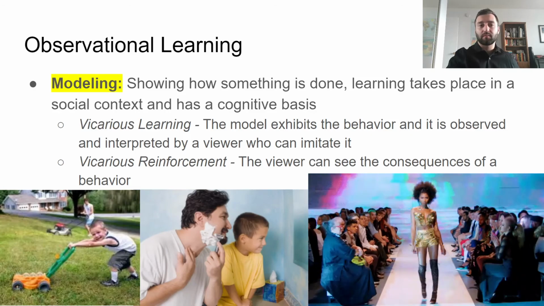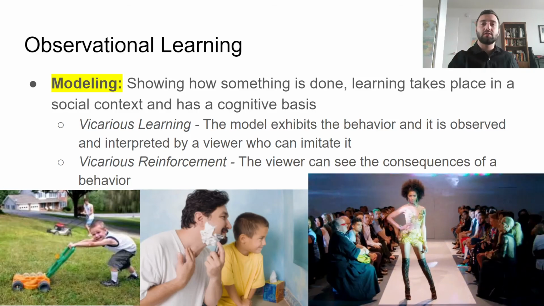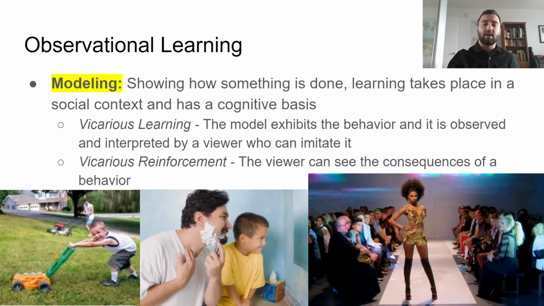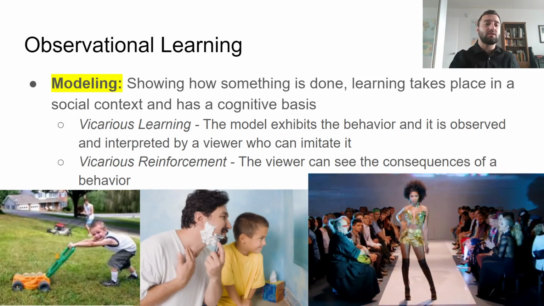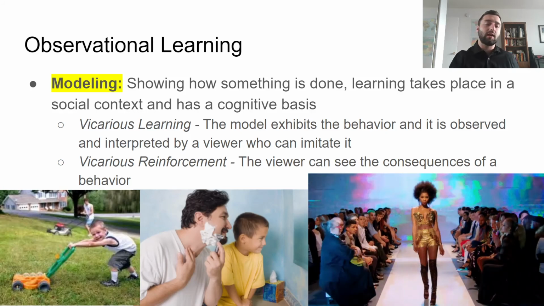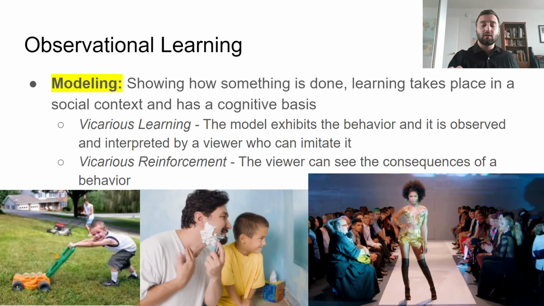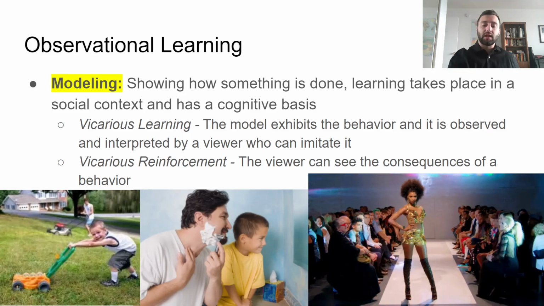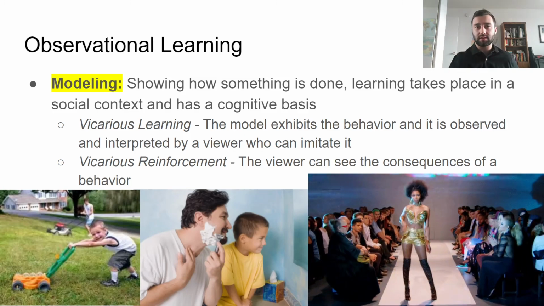Okay, so again, modeling is a form of showing someone how to do something and then them copying it. One thing I do want to mention is there is a lot of cognitive stuff going on here. Depending on what kind of thing you teach, you may notice some of the cognitive aspects, where it's not always just that we see something and then we're able to copy it exactly, right?